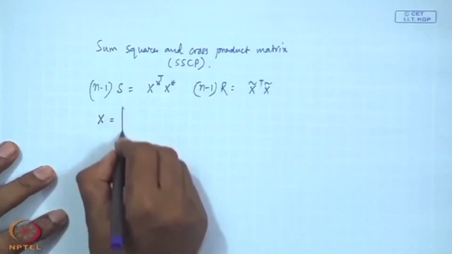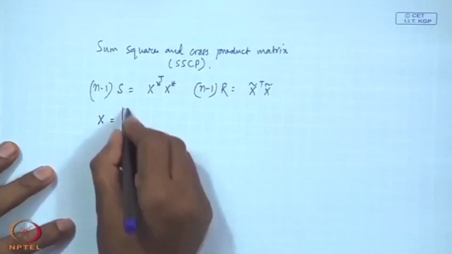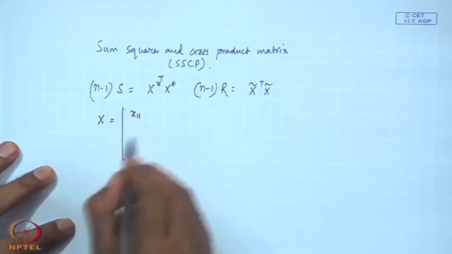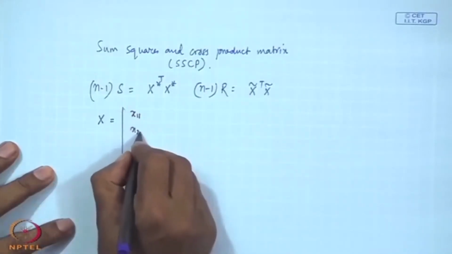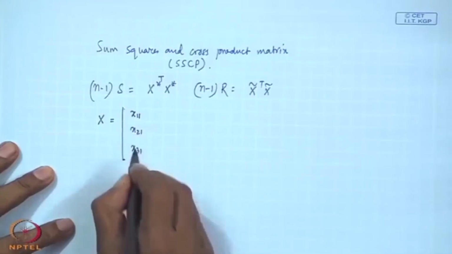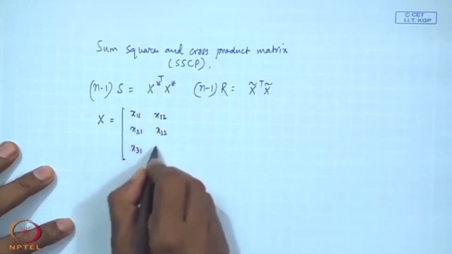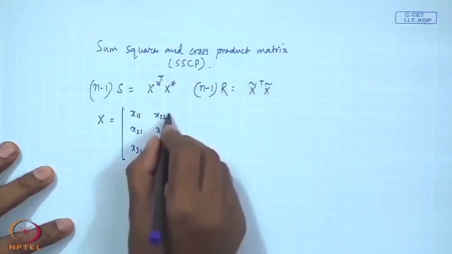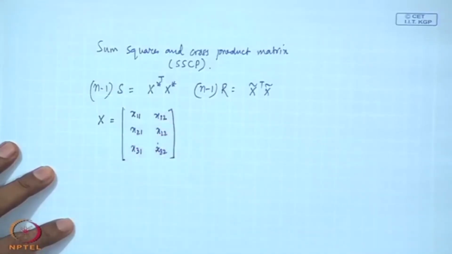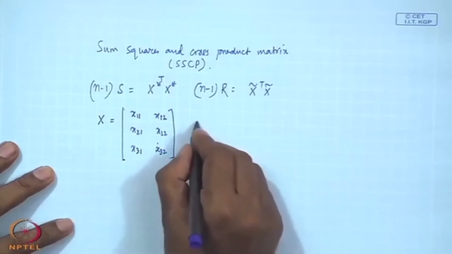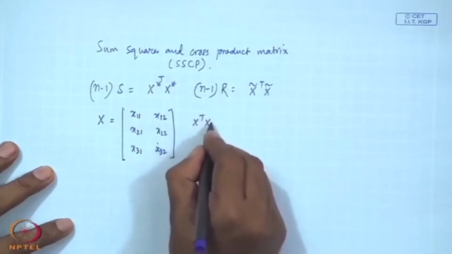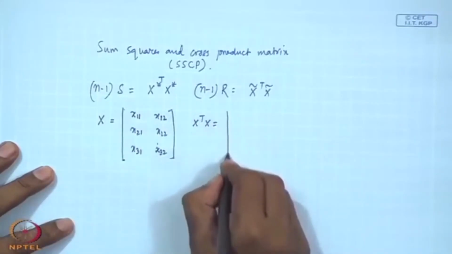So, suppose X I am writing like this: X11, X21, X31, X12, X22, X32. Now, you calculate X transpose X. What will happen here?